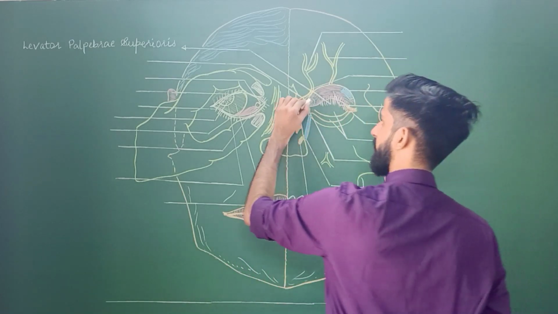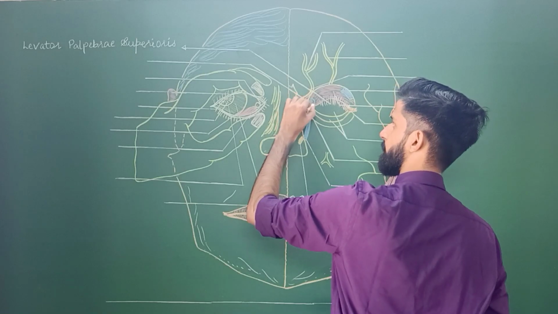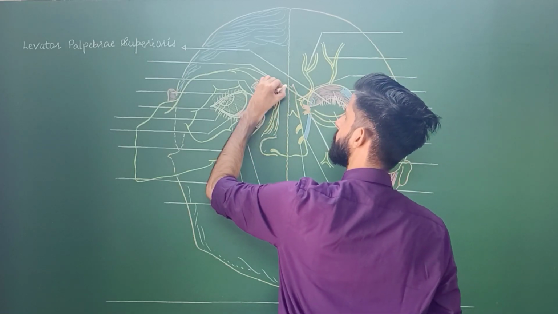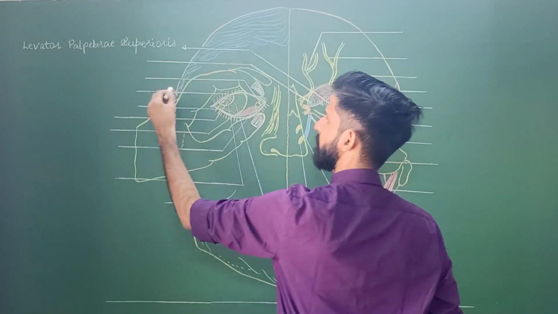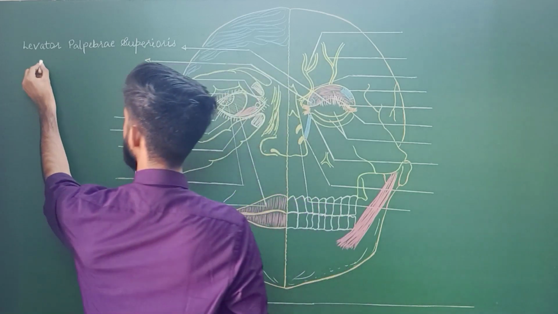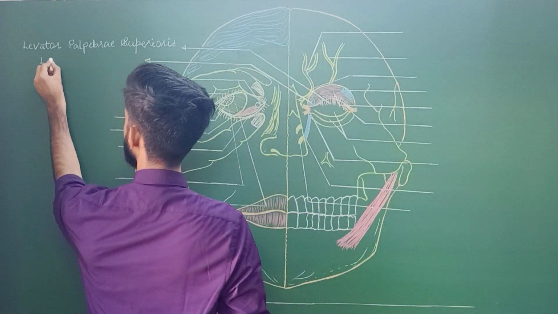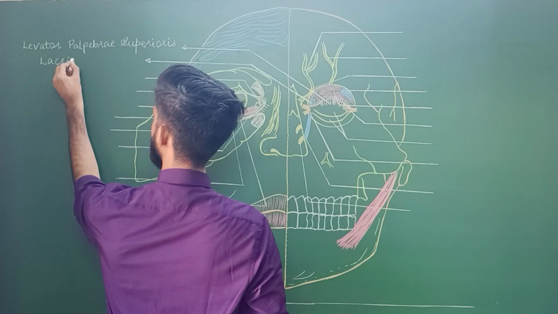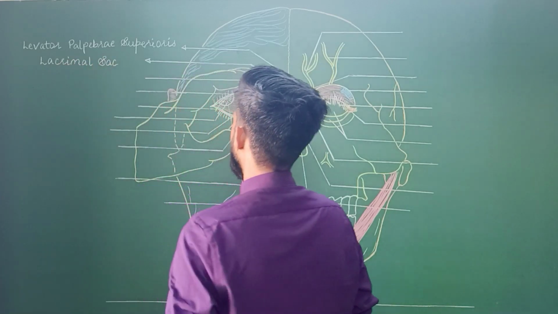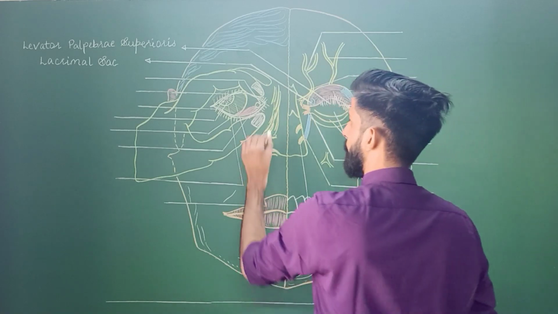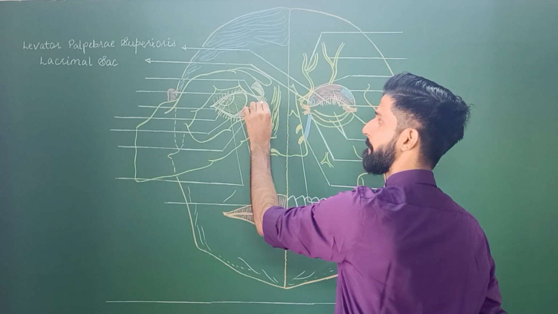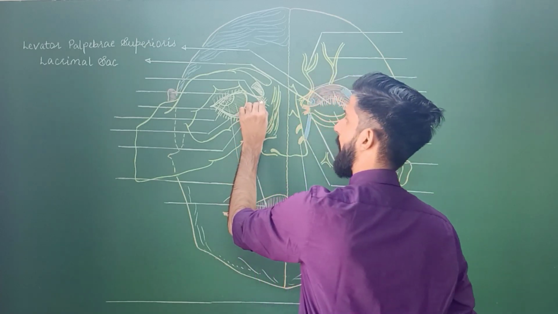This is lacrimal sac. This bluish part. Okay, the rounded part. Then just beside the caruncula, here we have the lacrimal punctum and the lacrimal papillae.